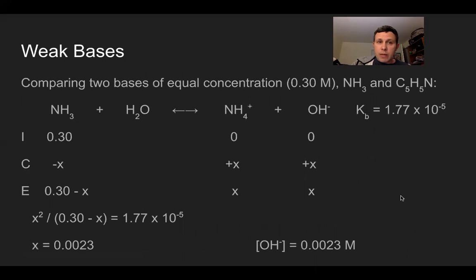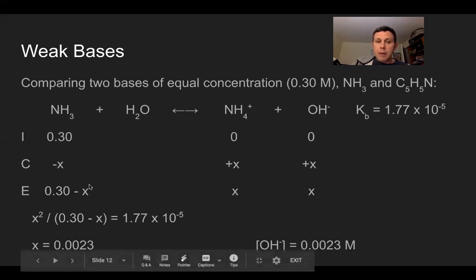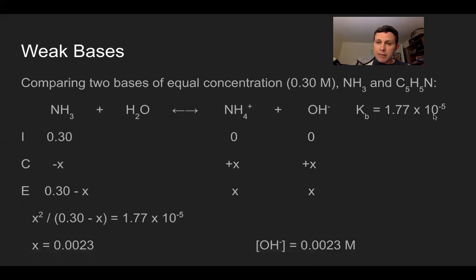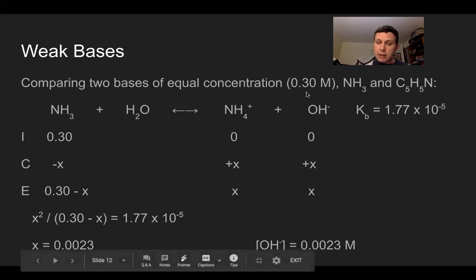But let's look at some weak bases. Weak bases, you treat them pretty much exactly as you do weak acids. You set up the formula with an ice chart. Ammonia reacts with water, pulling the H plus away from water to make NH4 plus and OH minus. We set up our lines, we solve for X, and in this case, X is how much OH minus there is, 0.0023. So ammonia had a Kb of this, and it's at a concentration of 0.3.